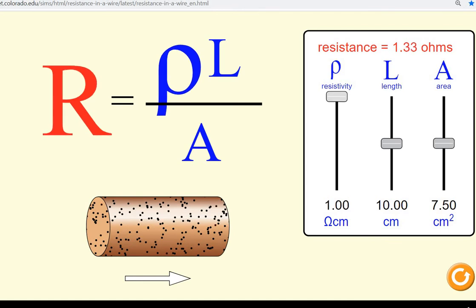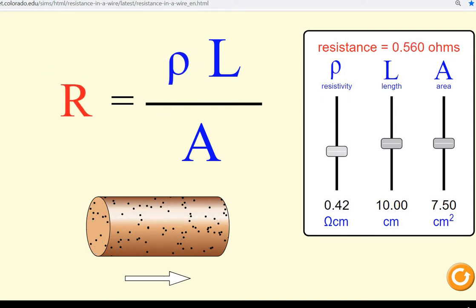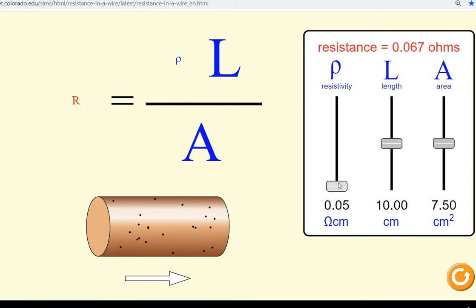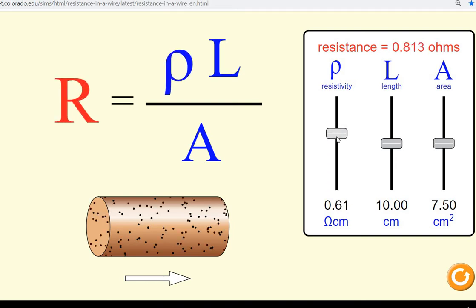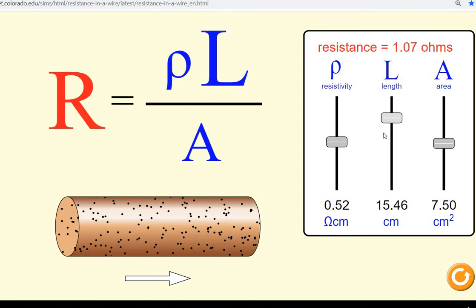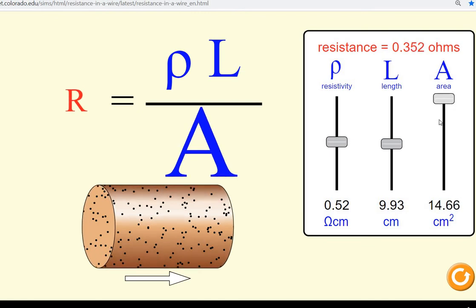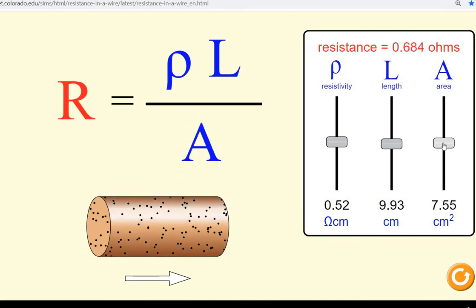So as the resistivity increases, resistance increases. As resistivity goes down, for example for copper the resistivity may be quite low, silver even lower, gold, etc., very low, so resistance also goes down. And as the length increases, since electrons have to traverse more, the resistance increases, and as area increases, the resistance decreases. So this is a great way of visually imagining what happens.